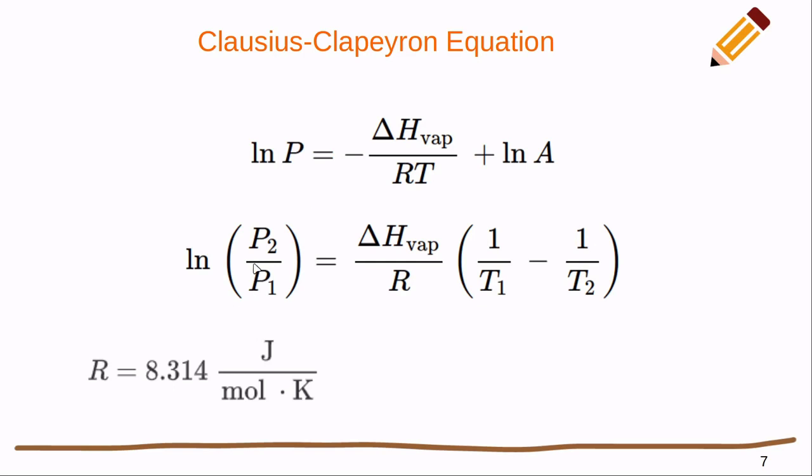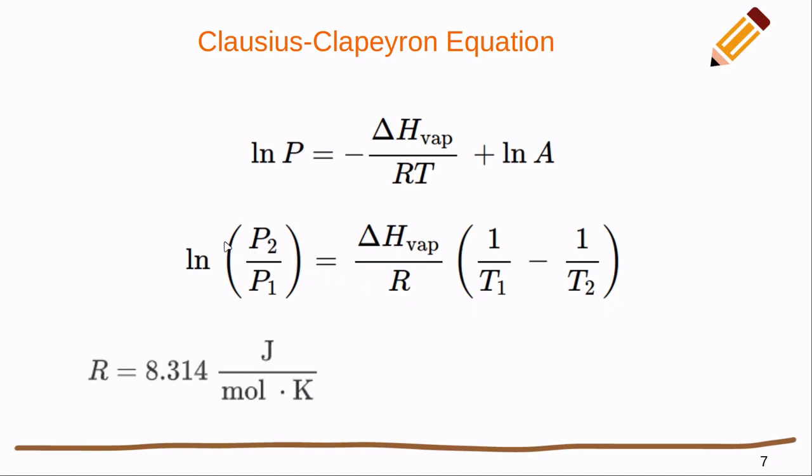If we knew the pressure and temperature at one point, and we knew just one of either the pressure or the temperature at another point, then we could figure out the 4th value, basically. So by knowing the full description of the substance at one temperature and pressure, we can figure out the temperature or pressure at another point.